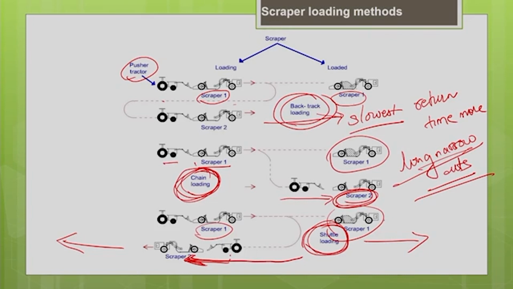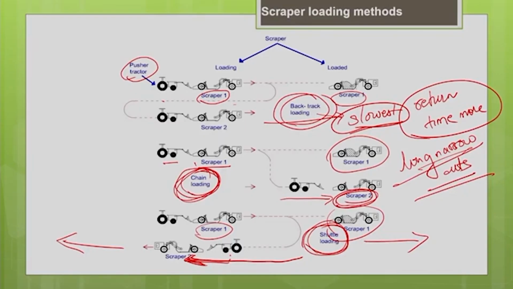When you compare all these three methods, you can see that backtrack is the slowest method. The cycle time is relatively higher because it has to backtrack or return to spot the next scraper. But chain and shuttle loading, though not commonly followed, have lesser cycle time, and we know the reasons already.